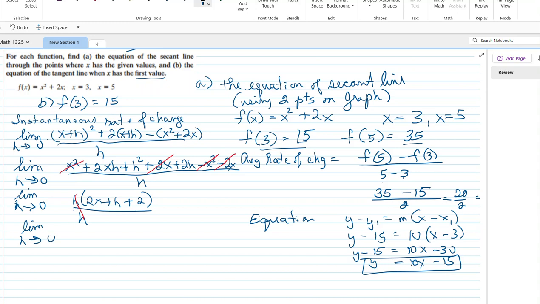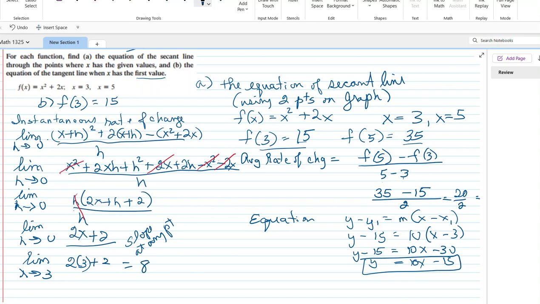And we're going to take the limit because h is 0. So this is the function for slope at any point. And they want the first one, so that was 3. And that is 8. The slope is 8.